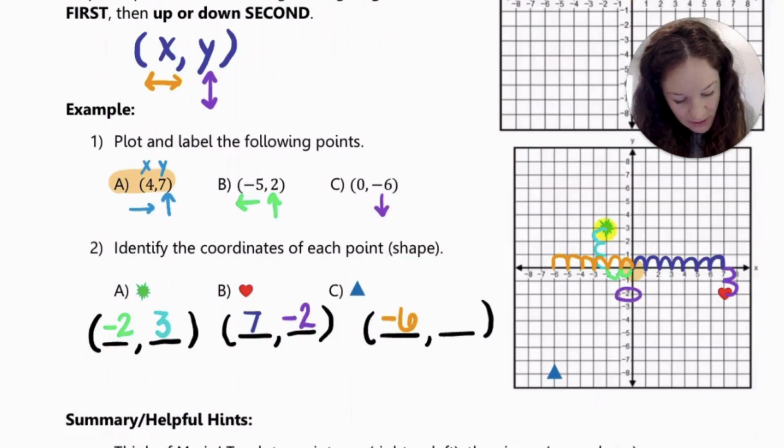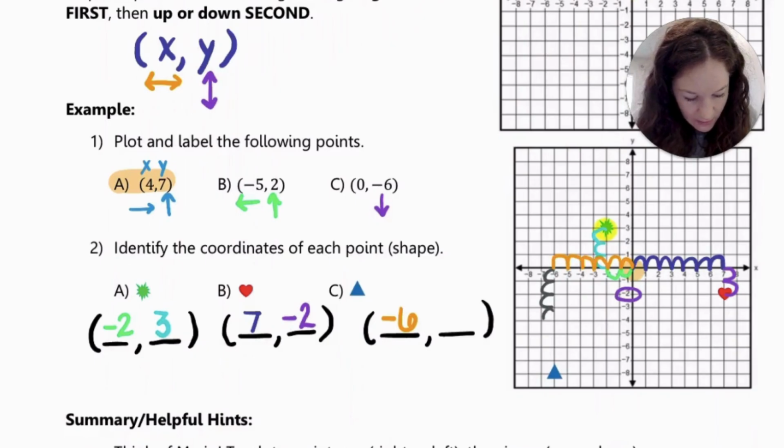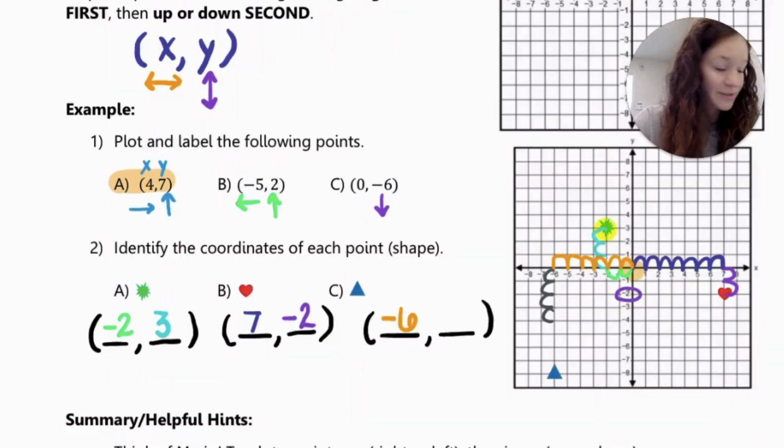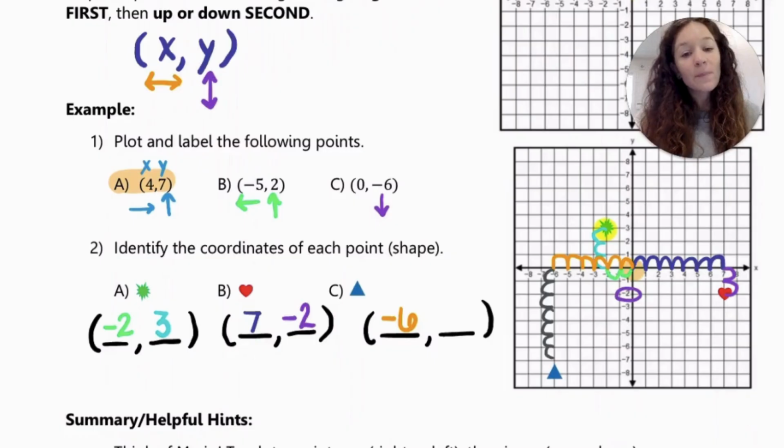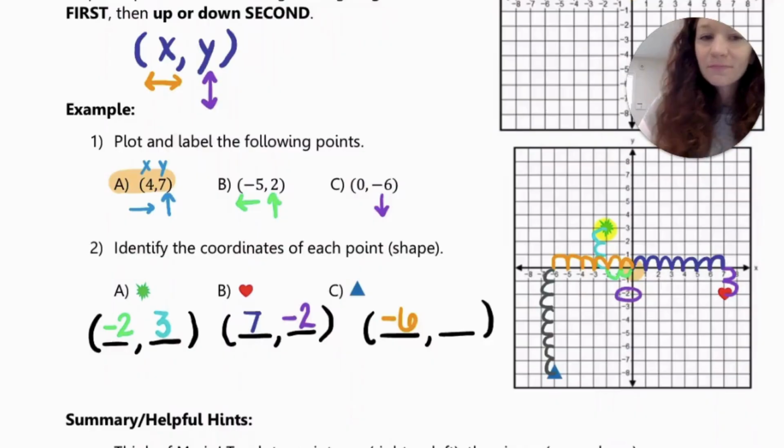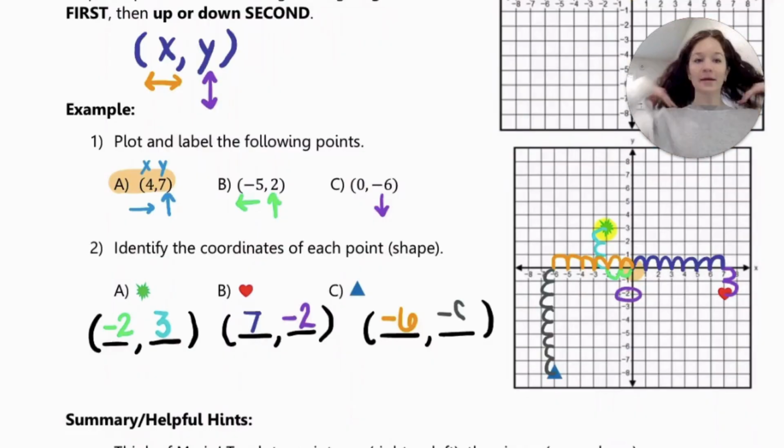I have to go down. 1, 2, 3, 4, 5, 6, 7, 8. I go down 8. So that's going to be negative 8. So we get the ordered pair there, negative 6, negative 8. Okay, there we go.